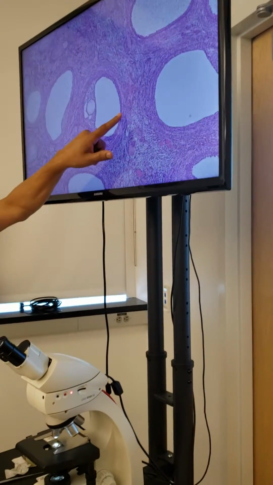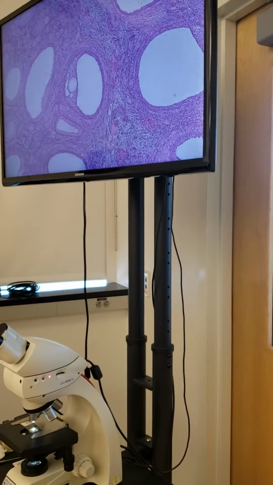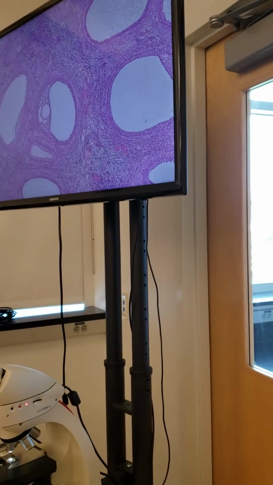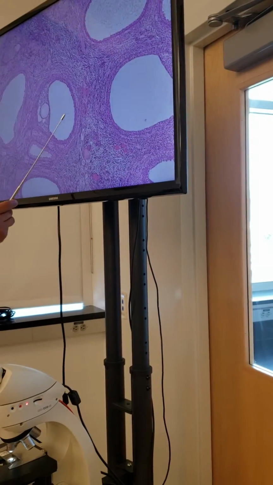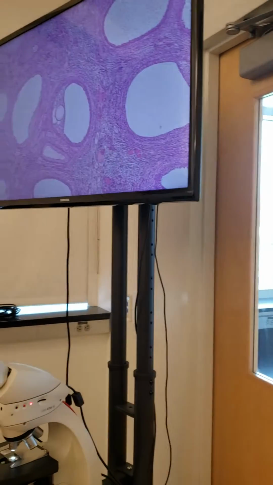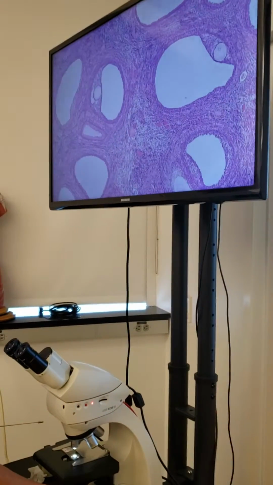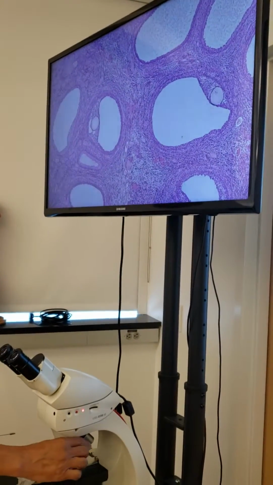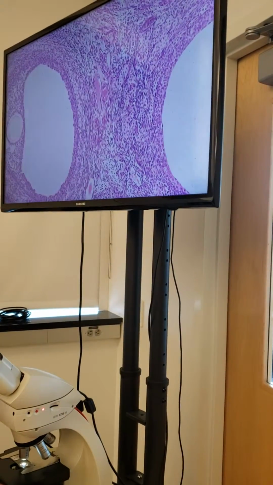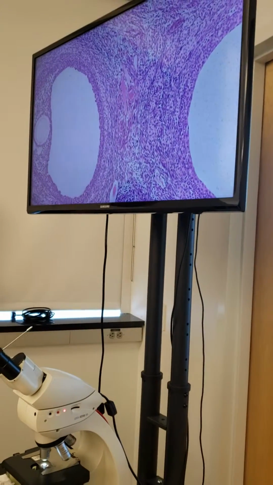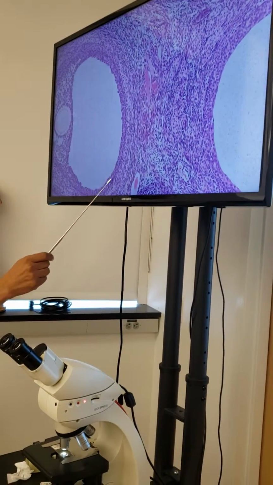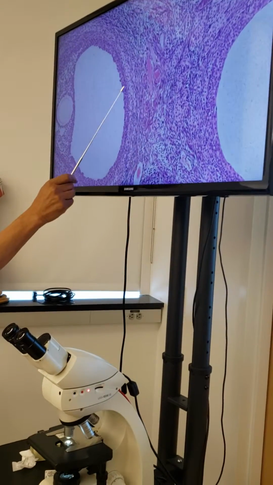In the wall of the follicle, you have 2 layers of cells. I will zoom in this wall here to show you these 2 layers. See this inner layer here, and see this is the boundary.